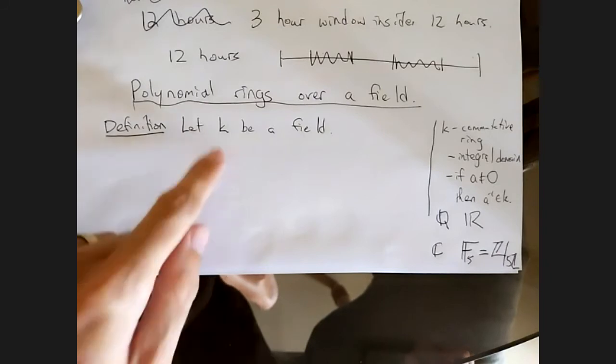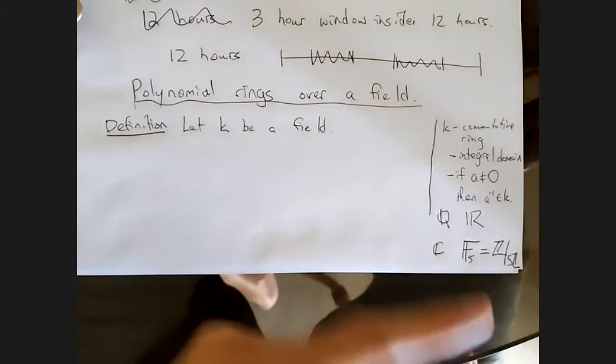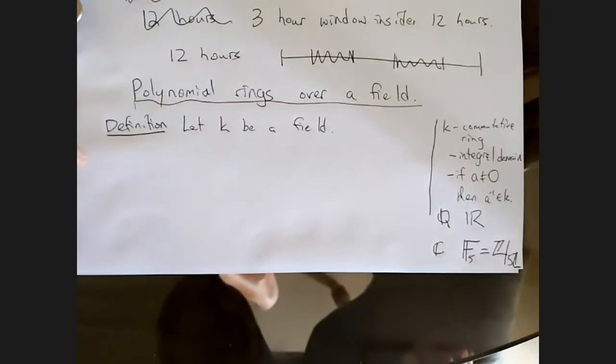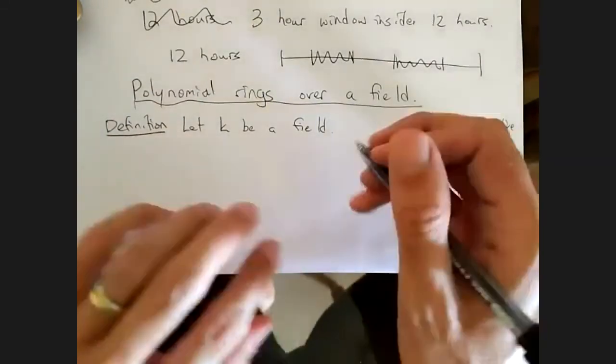Okay, and then K is going to be a field, and then we can just construct a ring as follows.